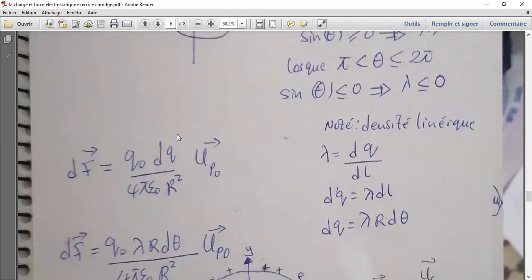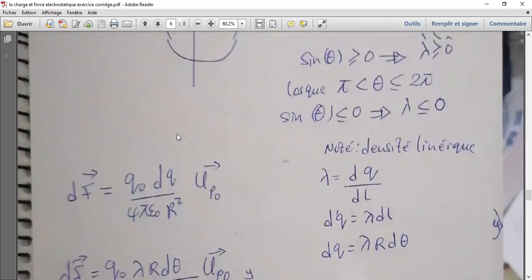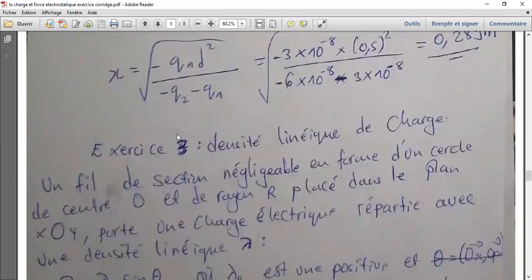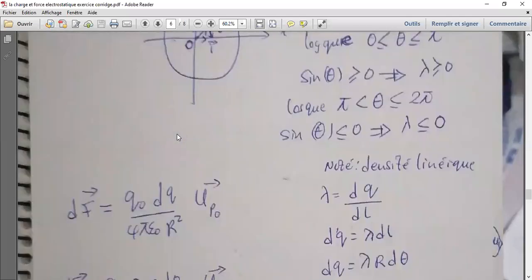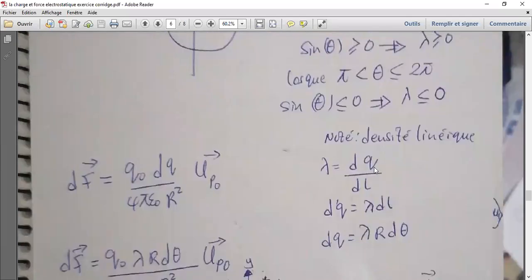Here we have said that it's linear density. The formula for linear density, if you go to your book, is lambda equal to dq divided by dl. If you do your cross multiplication, you have dq equal to lambda dl. So where there's dq here, you can replace it by what?